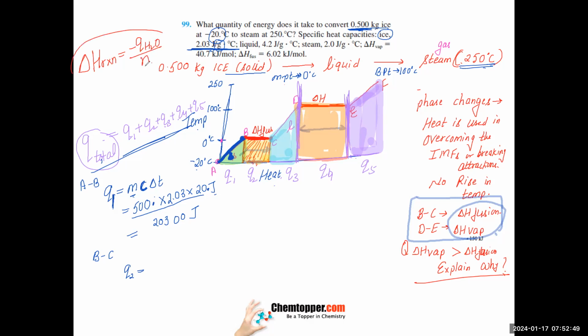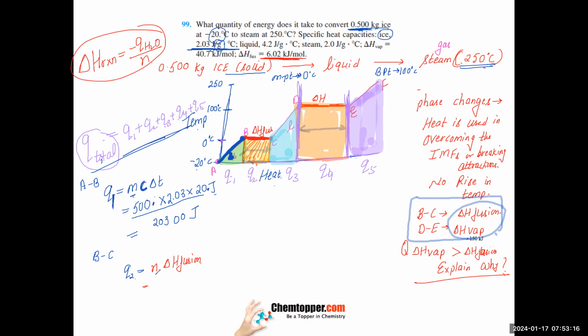But that is the case when we are carrying out a reaction. Here there is no reaction, it's just heating. So here I'm going to use the equation Q2 is n times delta H of fusion. Delta H of fusion, is it given? Yeah.